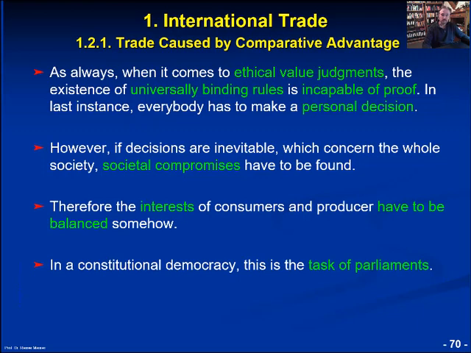Therefore, the interests of consumers and producers have to be balanced somehow. In a constitutional democracy, this is the task of parliaments. So much for this lesson. In the next lesson, we will discuss the economic reasons why the world market price and the autarky price can differ.